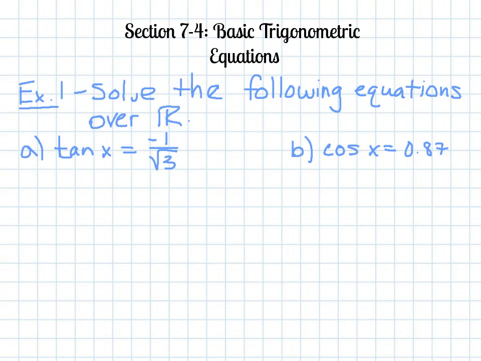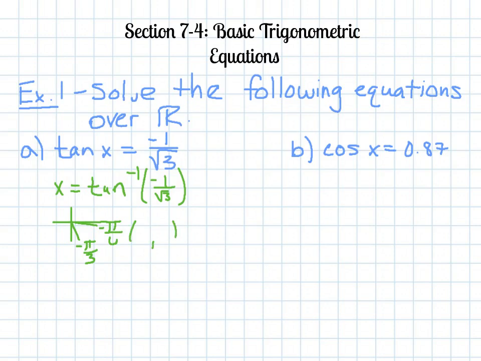What angle gives you the value of -1 over square root of 3? That would be in the fourth quadrant. It's either going to be negative pi over 6 or negative pi over 3. So try one, see if it works.